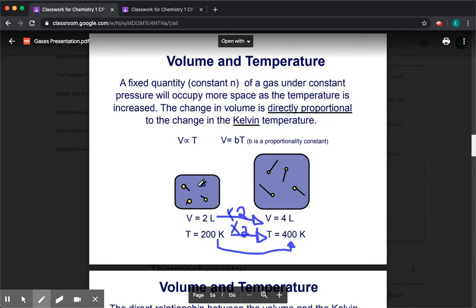Since the molecules now have more energy, they're going to hit the walls harder. And if they're hitting the walls harder, the walls are going to expand.